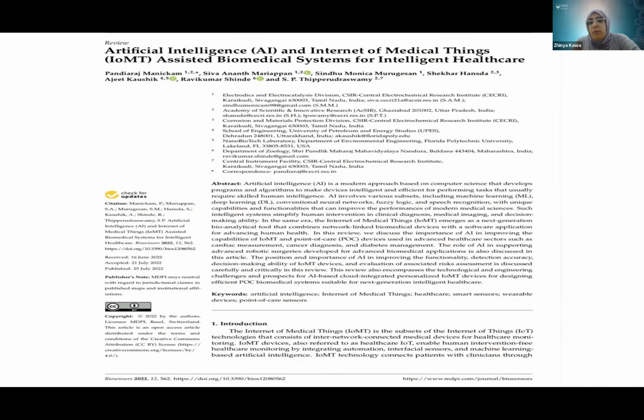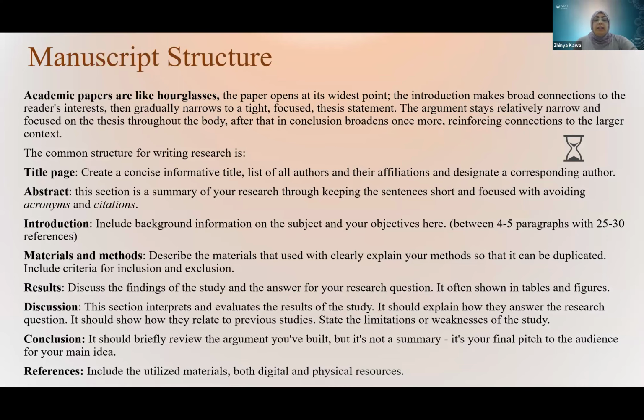Bear in mind that although almost all people know that AI stands for artificial intelligence, it should still be mentioned, and an acronym should not be included in the abstract without its full form, okay? And also there are no citations or references, because it is a summary of your work. It is not new information or additional knowledge for the paper, just a summary. That is why it does not include citations or references.